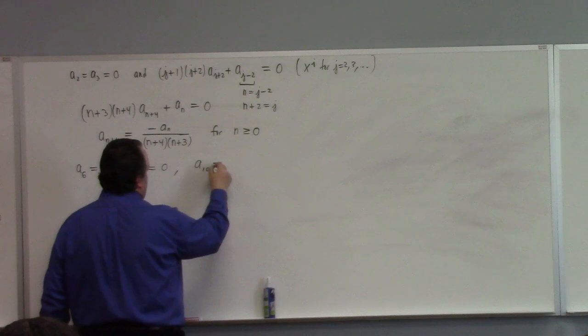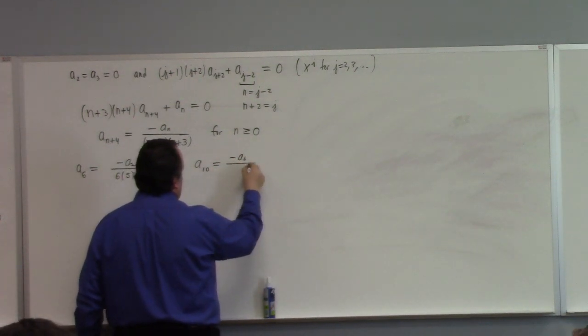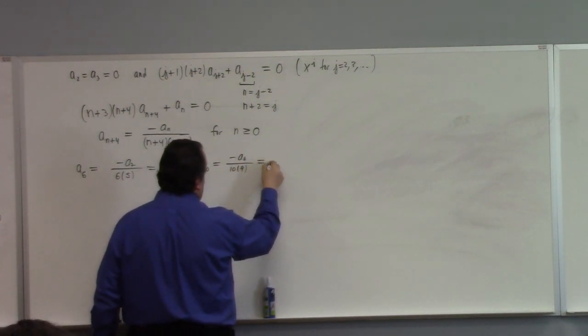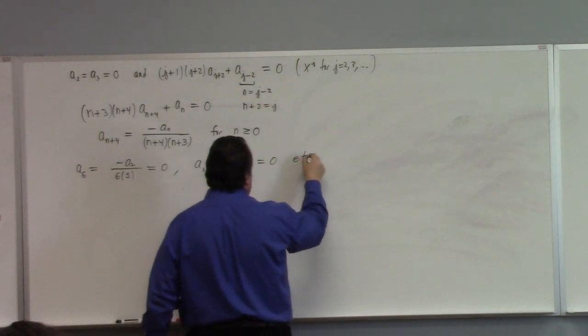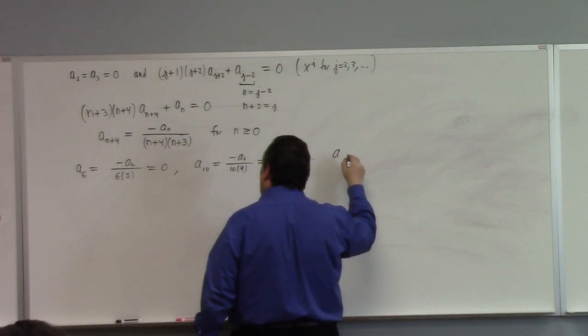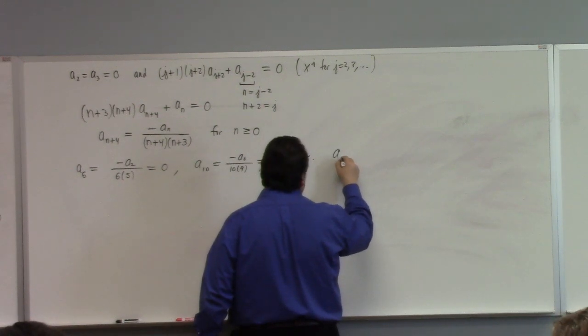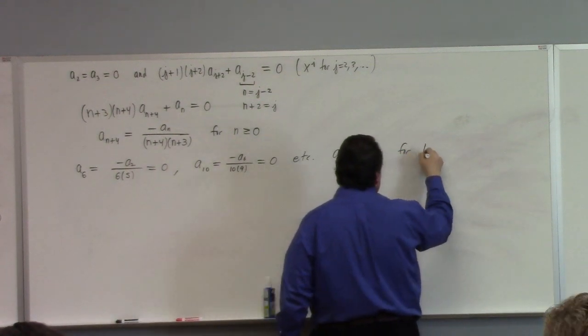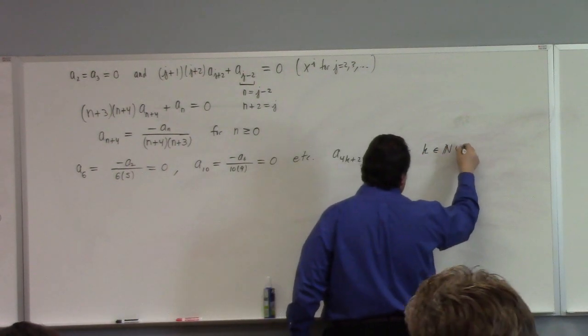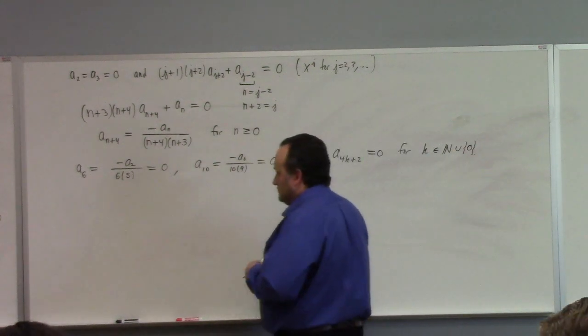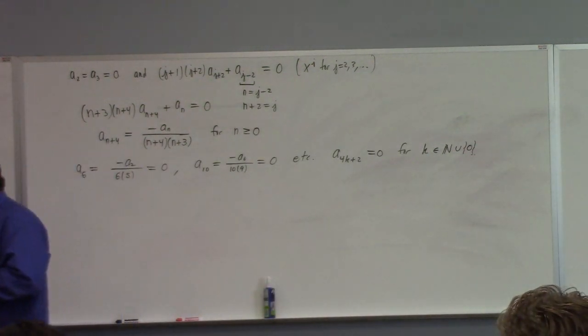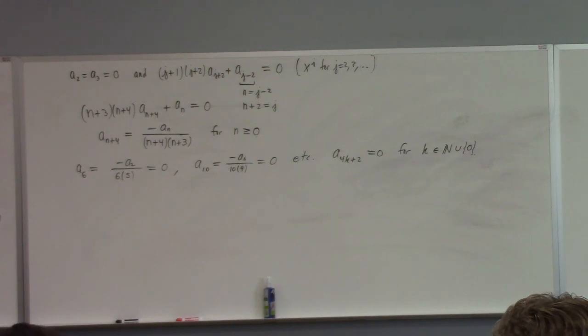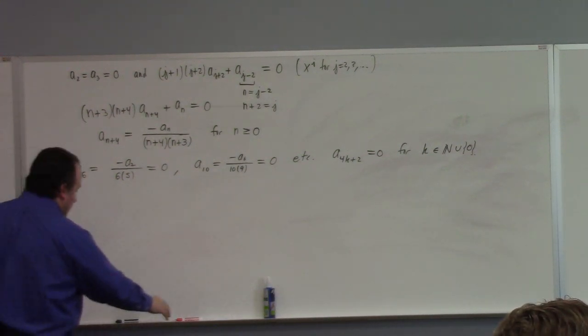And a sub 10 is minus a6 over 10 times 9, which is again 0, etc. In fact, anything of the form 4k plus 2 is equal to 0 for any k. The fact that the second one is 0 and the fact that they're linked every 4 by this soon-to-be boxed recurrence relation makes all of these 0, right?